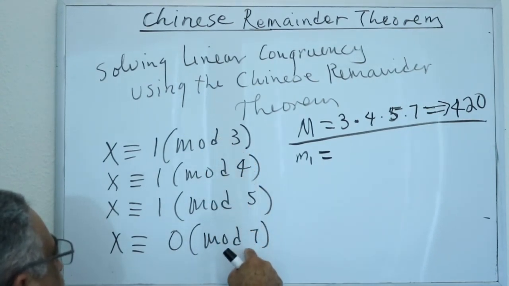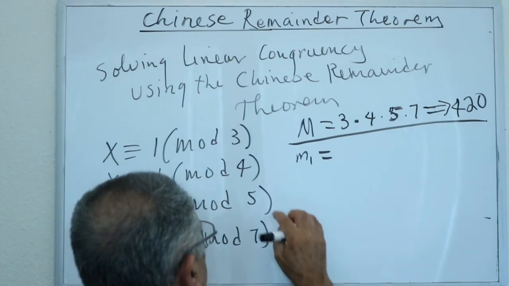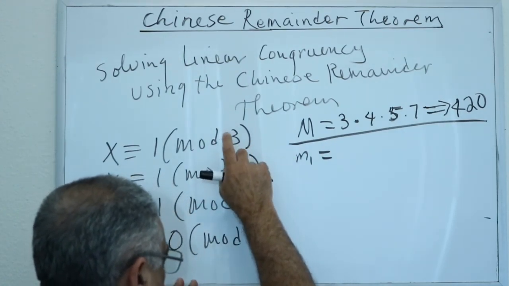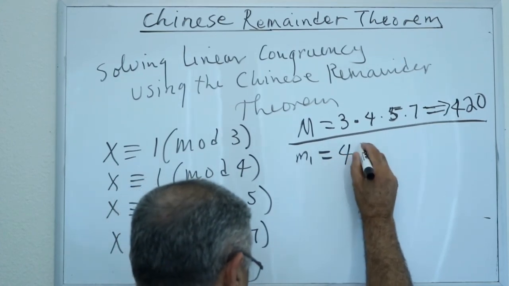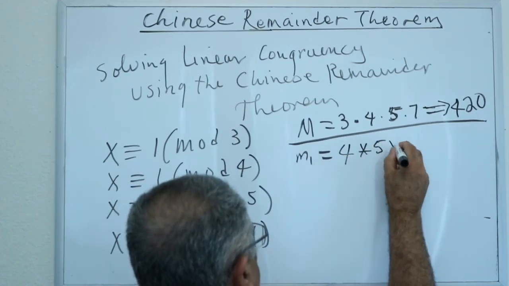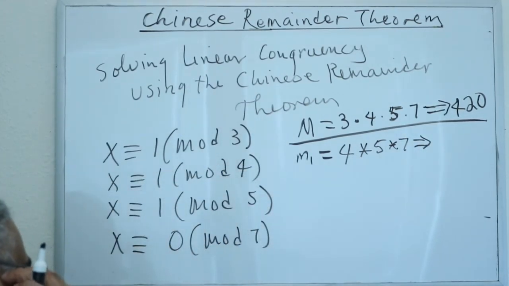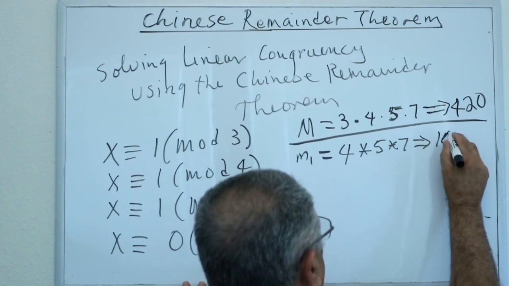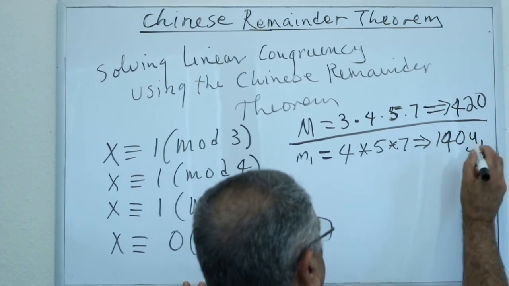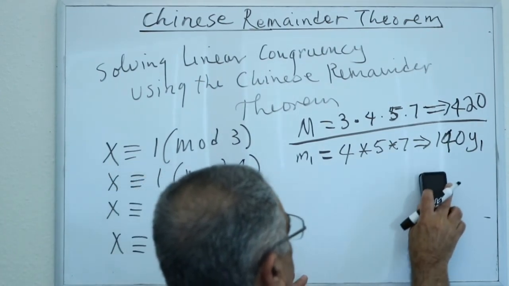I'm going to use these terms in different combinations. How about if I pick 4, 5, and 7, and take 4 times 5 times 7? So for M1, I end up getting 140 Y1.